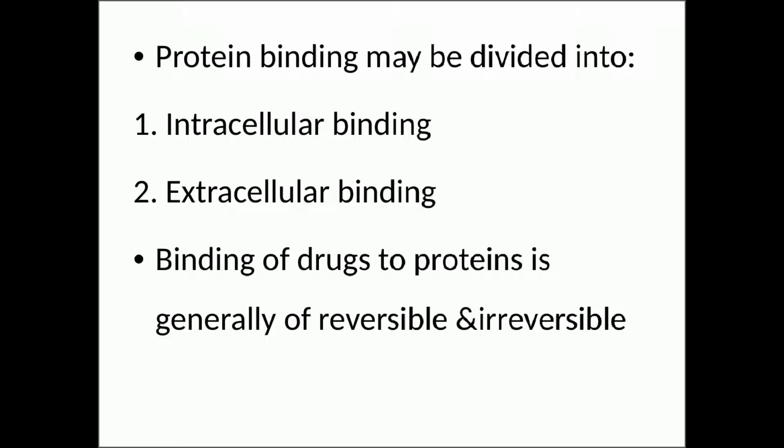The binding of drugs to proteins is generally a reversible or irreversible process. In some instances the complex formation is reversible, and the complex can dismantle easily. In some instances the complex formation is irreversible, and once the drug protein complex has formed, it's very difficult to reverse.